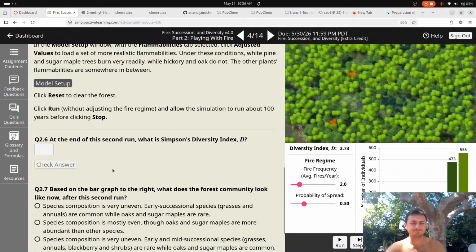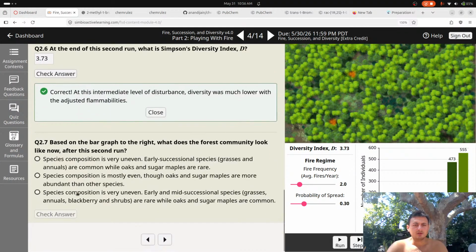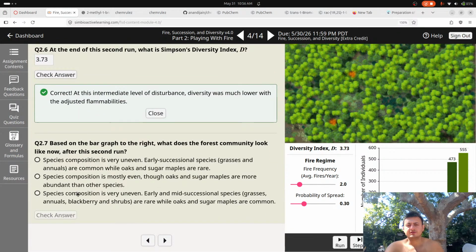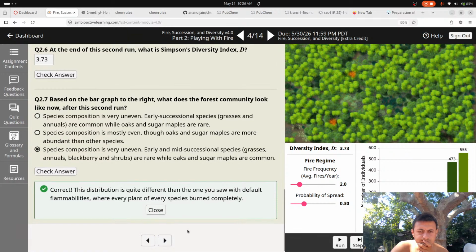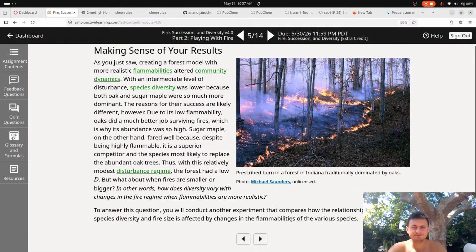Okay. Based on the bar graph to the right, what does the forest community look like now? It's very uneven. Yeah, that makes sense. So, okay, whatever.